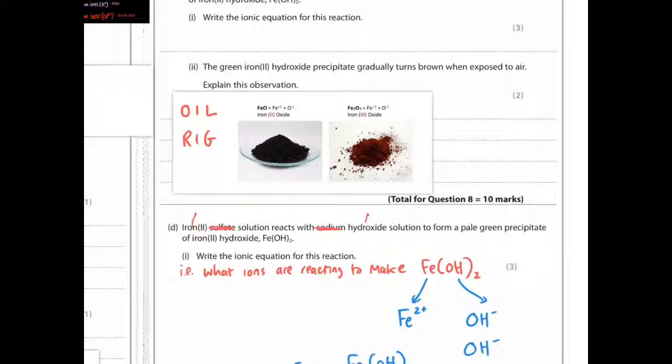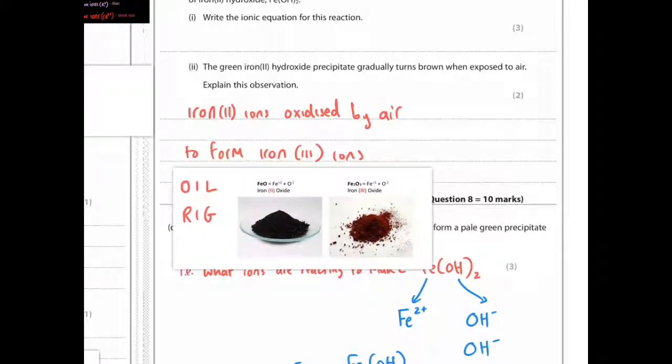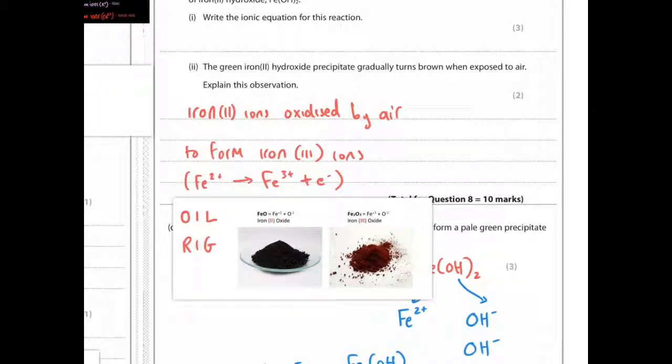And you can see here we go from Fe2+ to Fe3+. So the only way you would gain a positive charge is by losing another electron. So you'd say iron 2 ions are oxidized by air, so they're becoming oxidized to form iron 3 ions. Or you could just write down the half equation, Fe2+ to Fe3+ plus an electron, because this has lost an electron.